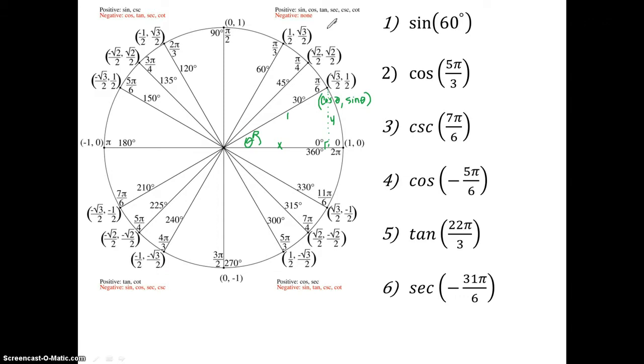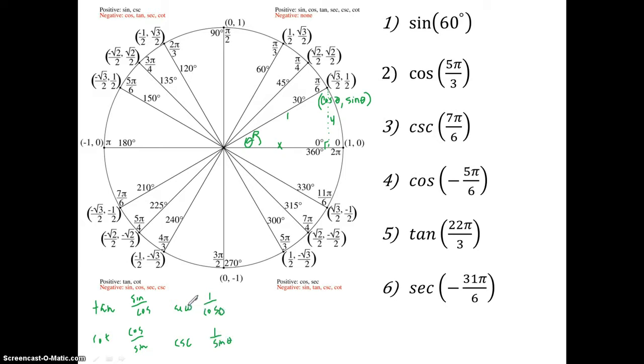For anything else, we're going to use those properties that tell us that the tangent is the sine over the cosine, and forgive my abbreviations here. The cotangent is the cosine over the sine. The secant is 1 over the cosine, and the cosecant is 1 over sine.